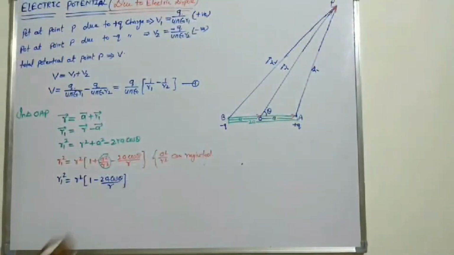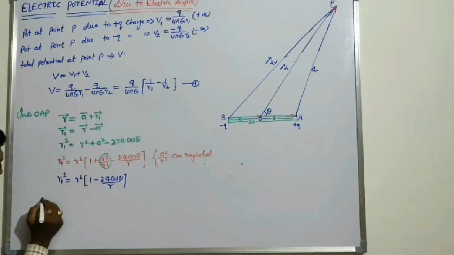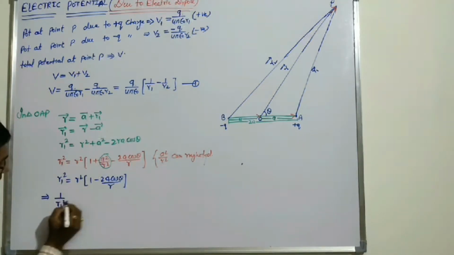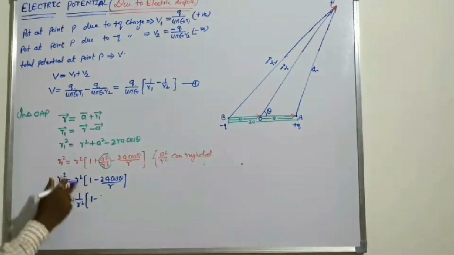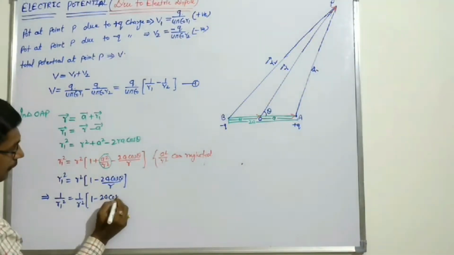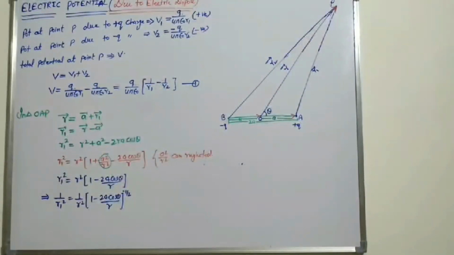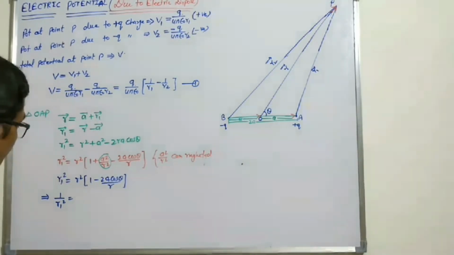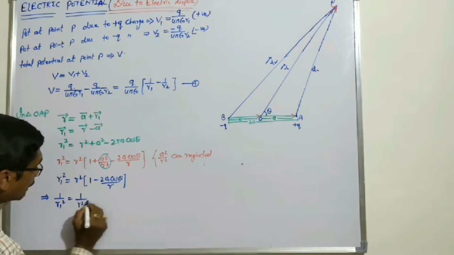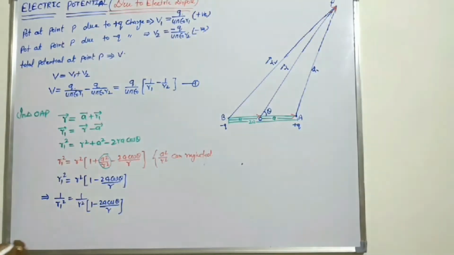Okay. Now we find here 1 by R1. So in this case we can write here 1 by R1 square equals to 1 by R square times 1 minus 2A cos theta by R. Okay.